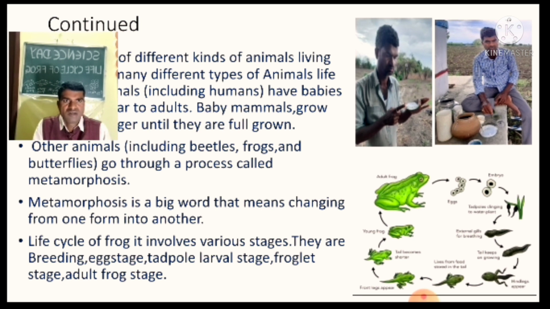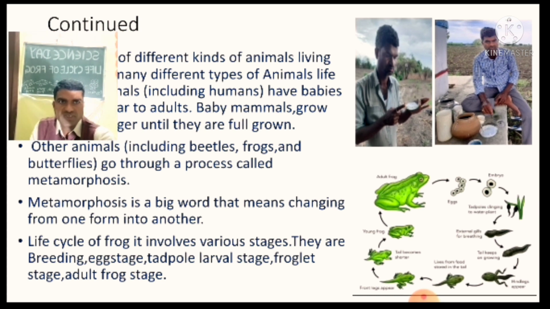We will observe here. In different types of ponds or lakes, wherever stagnant water is there in rainy season, at that time the frogs release eggs. So different stages we can observe in this life cycle of a frog.